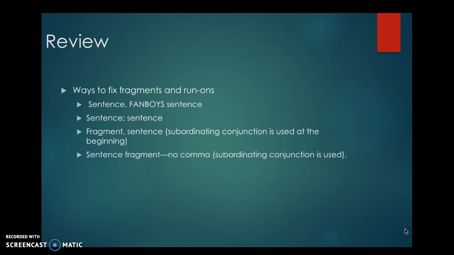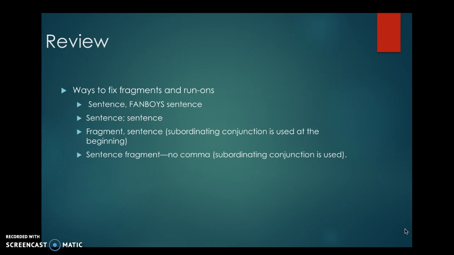Then I have the two for subordinating conjunctions, and it starts with a fragment and then a comma. What that means is when I have the subordinating conjunction used at the beginning, it makes that sentence, what was a sentence, a fragment. And so if you remember that from when we were talking about fragments, adding a subordinating conjunction at the beginning of a sentence makes that a fragment, which is why it says fragment, comma, sentence.